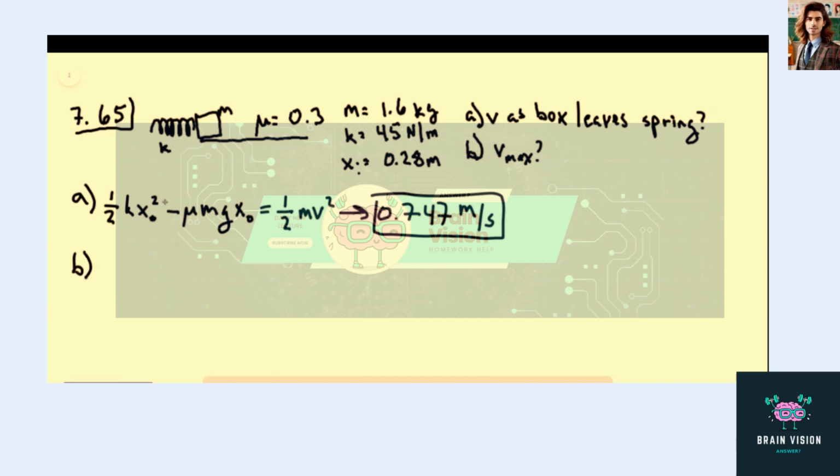Now, let's have a variable x that's the distance along which the box has traveled, and we want to maximize the speed as a function of that. And then x naught will be the initial compressed length.